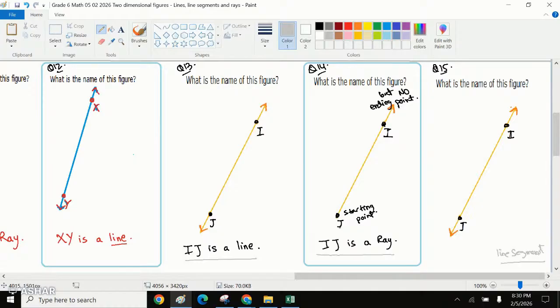But I did not change the question. I did not remove this part, and if I did not remove this part, this question stays the same. It is a line. Agreed?